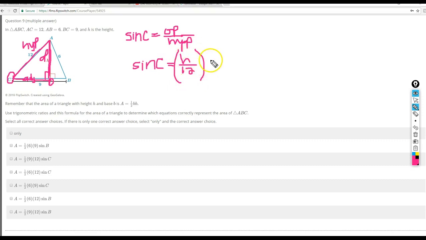So sine of C equals h divided by 12. To move 12 to the other side, I'm going to use the multiplication property of equality and multiply by 12 on both sides. So 12 times sine of C is 12 sine of C, is equal to h divided by 12 times 12, which is 12h divided by 12. 12 divided by 12 is a form of 1, so I can reduce down to 1.